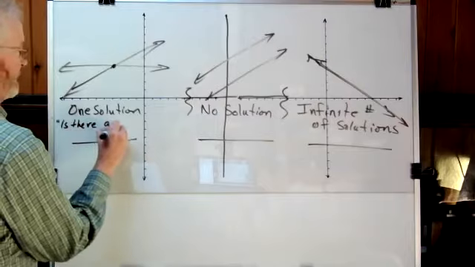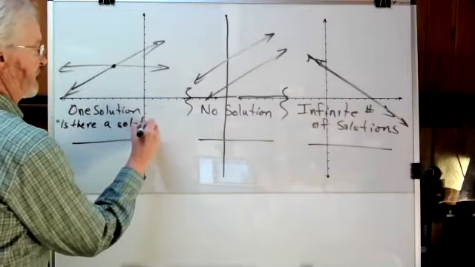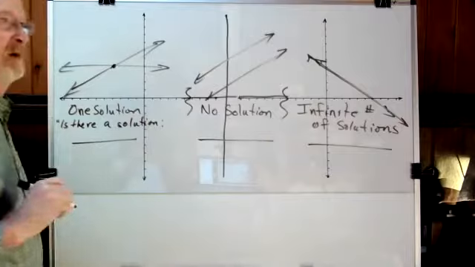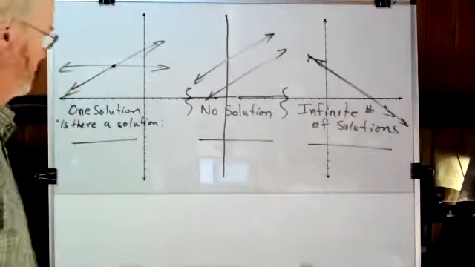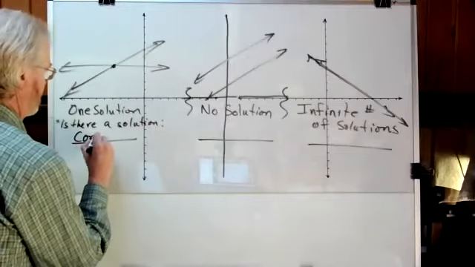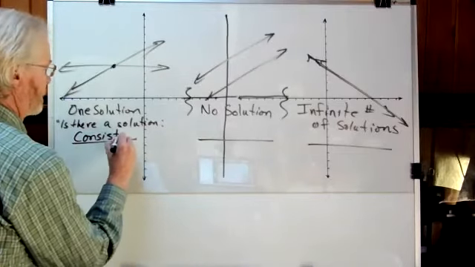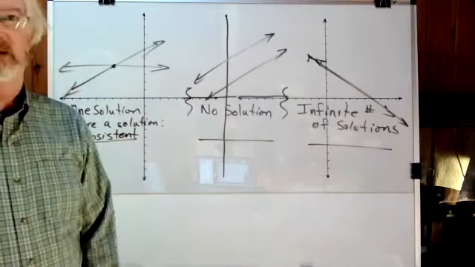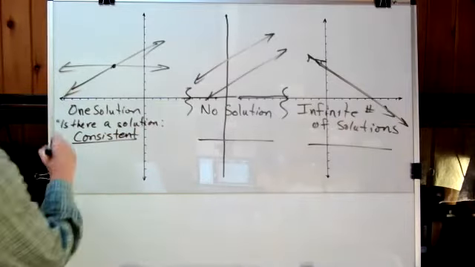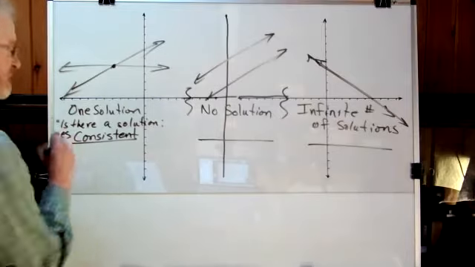Is there a solution? And if there is a solution, we say that the system is consistent. So if there is at least one solution, we say the system is consistent. Yes, there is a solution.